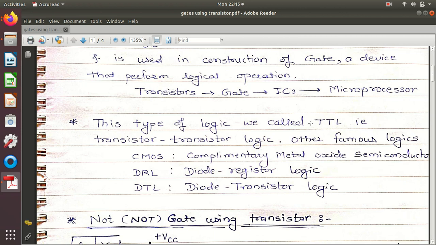Right. So there are two main logics which are used for the construction of ICs, that is TTL logic or CMOS logic.